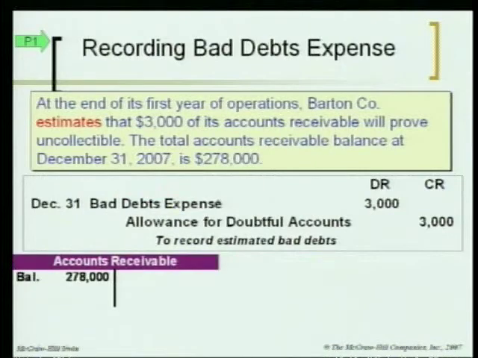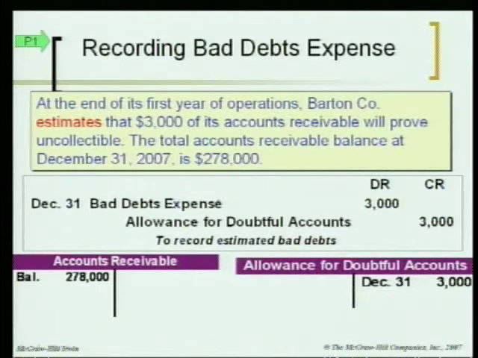How does this look in the T accounts? Well, we have our accounts receivable over here. Now, we did not do anything to that accounts receivable, right? And that accounts receivable is the control account. It's backed up by detail of each customer and what they owe us.